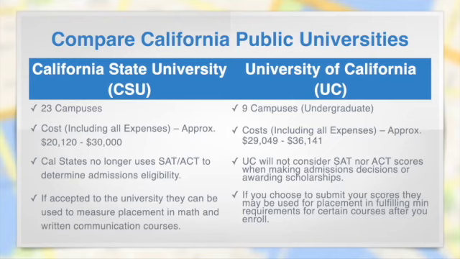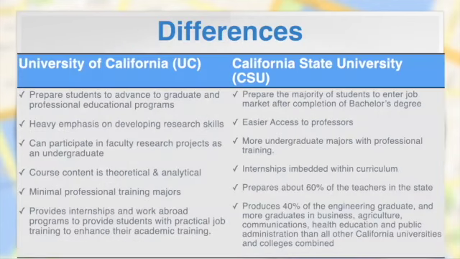The pandemic started the shift, and now they have publicly said that neither one will use the SAT nor ACT. The differences between the two are pretty different in many ways. The UCs really are designed to prepare students to advance to graduate and professional educational programs. There's a heavy emphasis on developing research skills, and you have opportunities to participate in faculty research projects as an undergraduate, which is an incredible opportunity.